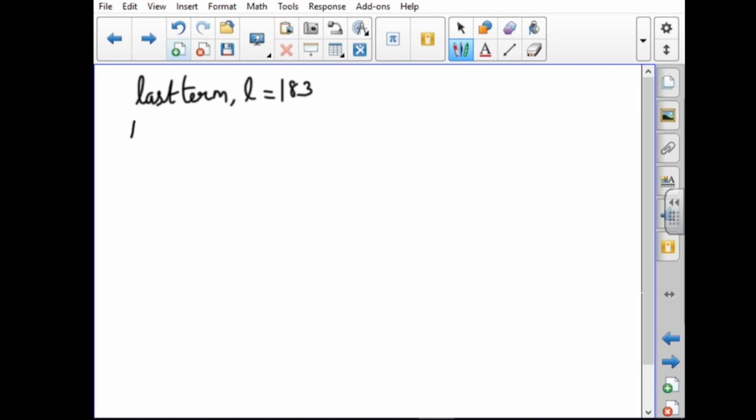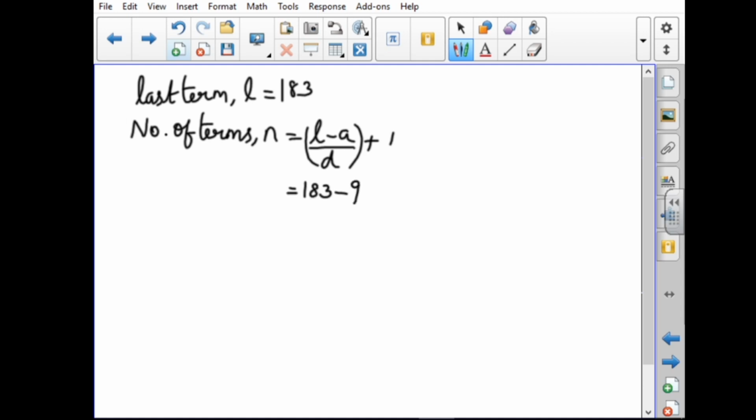So number of terms, n equal to, the formula is given as L minus A by D within the bracket, then you write plus 1, that is equal to 183 minus first term 9, the common difference is 6, plus 1, that is equal to 174 by 6 plus 1.